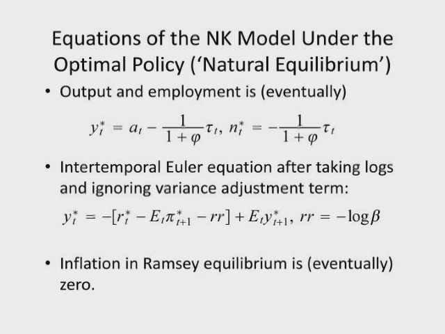Okay, so here are the equations for the New Keynesian model under the Ramsey optimal policy, the natural equilibrium. And I've written them in log form. So this n star is the log of employment. It's equal to this. The natural equilibrium has a wonderful property in this model that it's independent of A. And that will be very useful for intuition later.